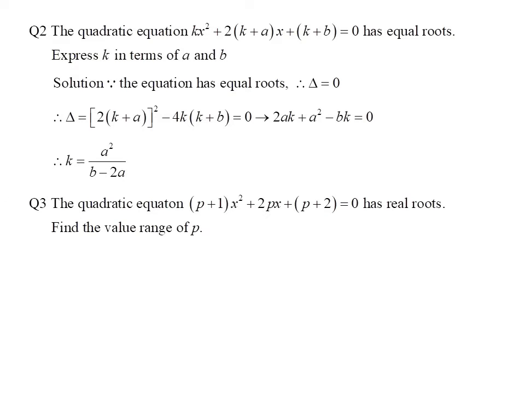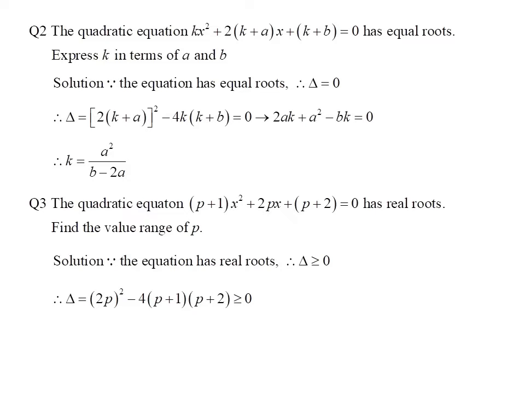Question 3 is also a quadratic equation containing parameter p. The question here is to find the value range of the parameter p, given the criterion that the equation has real roots. Since the equation has real roots, its discriminant must be greater than or equal to 0.